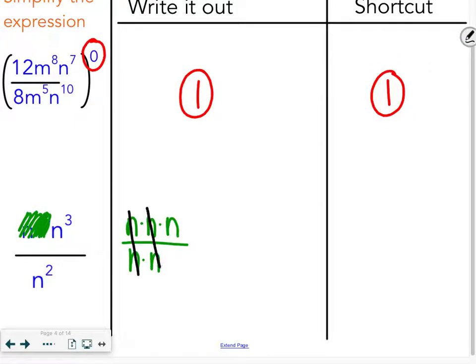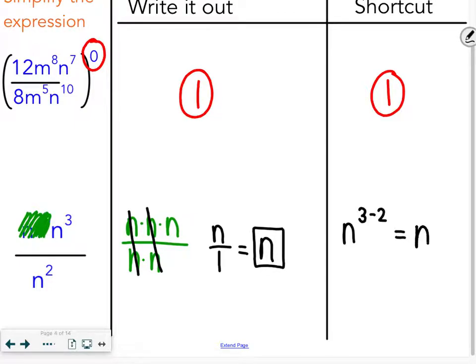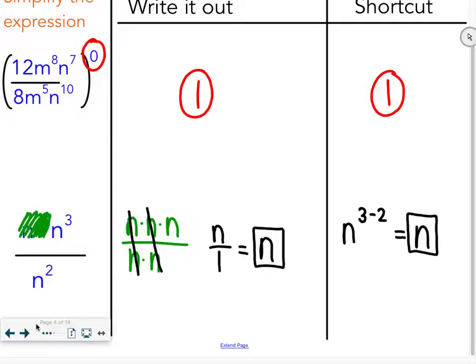And I'm just left with n over 1, which is the same as n. If I wanted to do the shortcut, all I would have to do is subtract my exponents, and I would get n to the 1st, or just n. You do not need to write the 1, but you can if you want to.